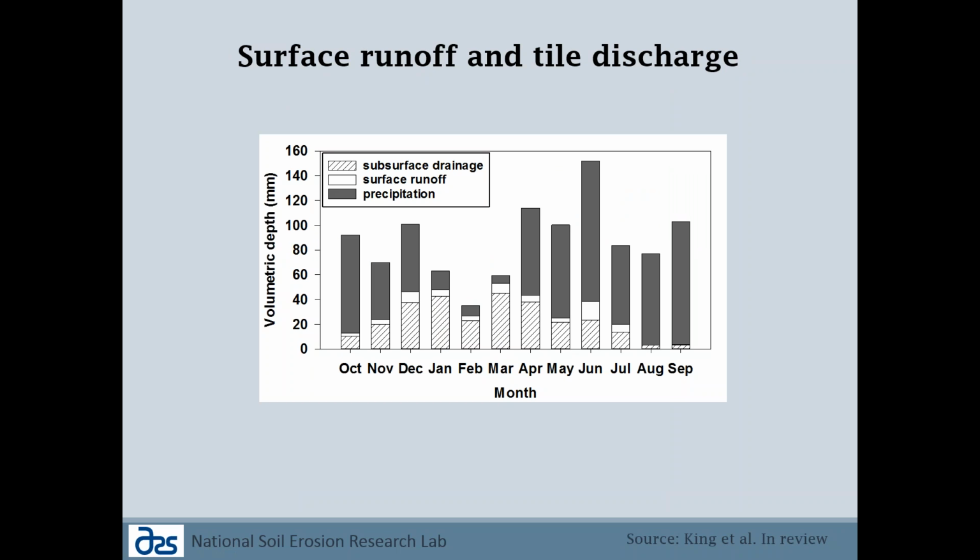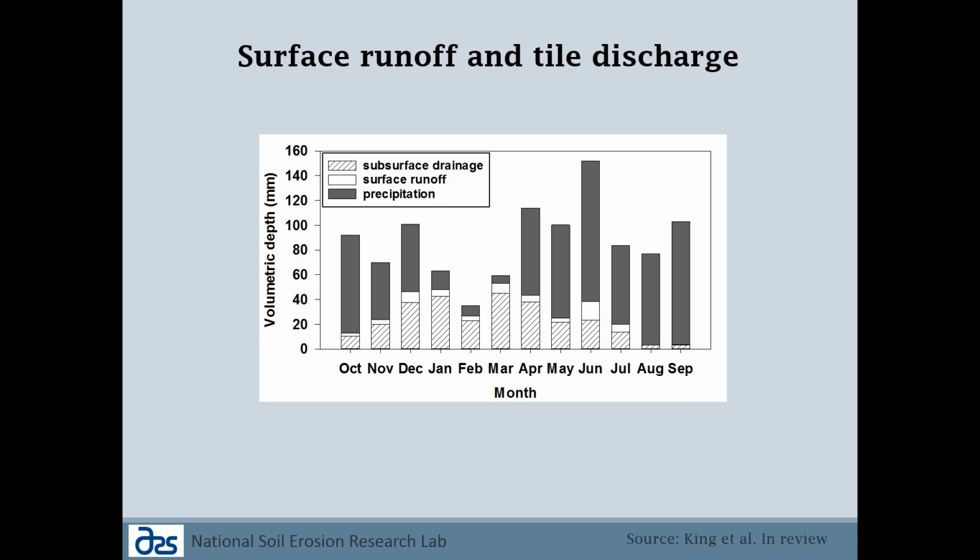So when we think about the transport aspect, how much water is leaving the field, here shown on the y-axis, we have the depth of water leaving the field, or it could be also precipitation, and then months. So these are average values for all of the edge of field sites, so over 40 monitored fields that we've been collecting data from. So what you can see from this is that the hashed bars are subsurface drainage and the white bars are surface runoff.